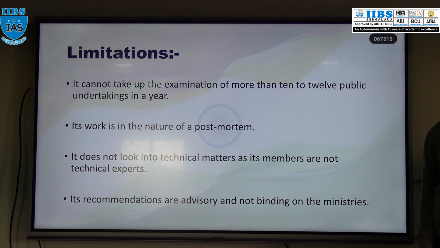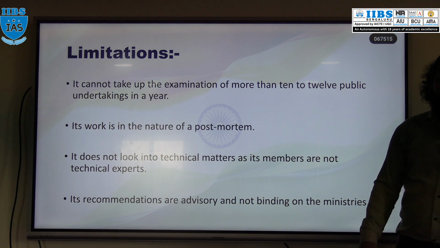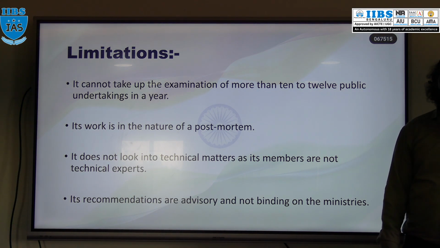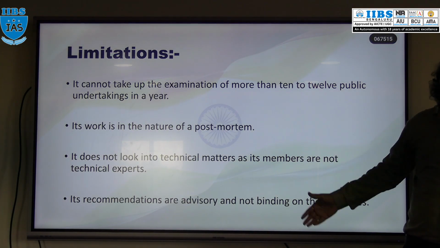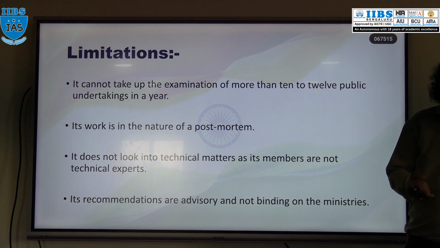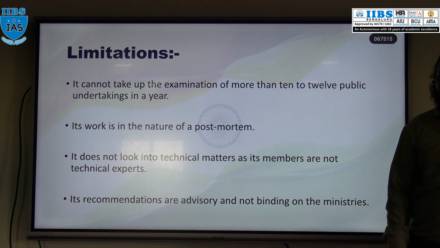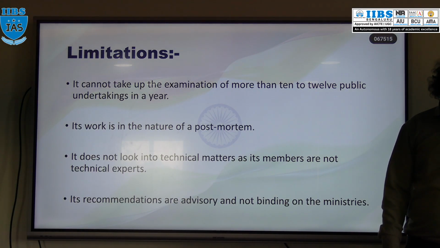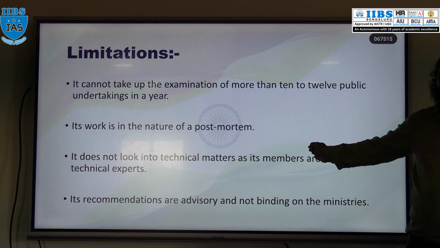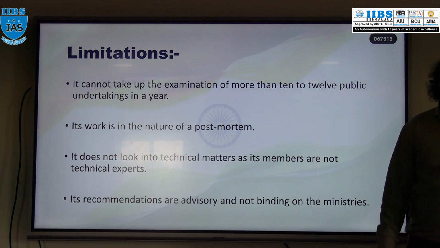And this committee does not deal with technical aspects. Why? Because technical experts are not there in this committee. This committee consists of 22 members, 15 from Lok Sabha, 7 from Rajya Sabha. If there is a government company which deals with technology, how can they examine it? Your understanding?